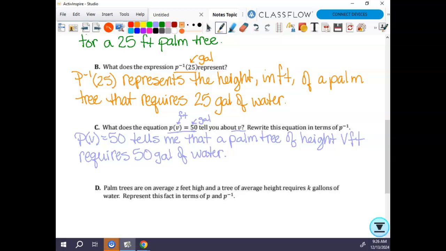Then it says to write it in terms of P inverse. So this would be P inverse of what? 50. And what does that equal? V. So if I have 50 gallons of water, I can water a tree up to how many feet? Questions? Good? All right.